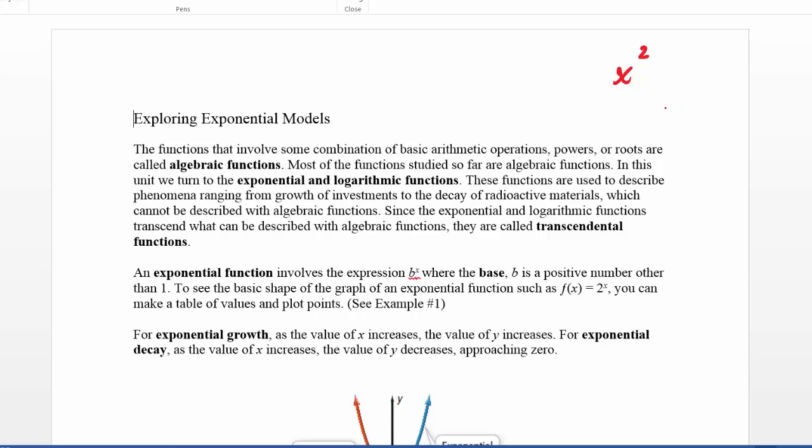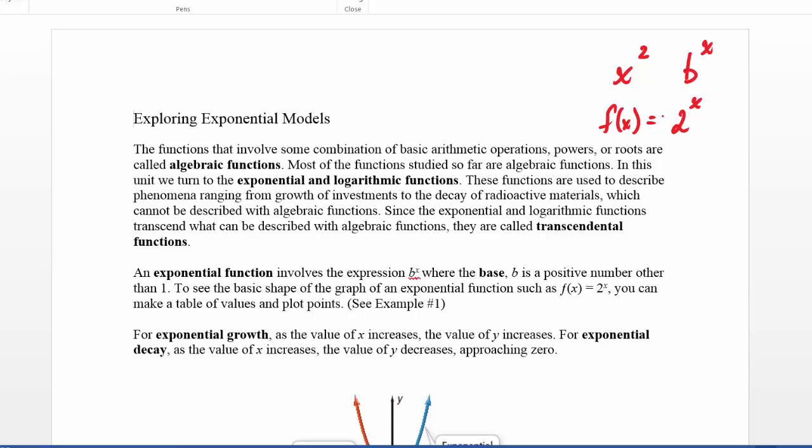Well, an exponential function is a little bit different. An exponential function has a numerical base with a variable exponent. So the b represents the base of the exponential function. So we could have something like 2 to the x power. So this, if we wrote this in function form, would be an exponential function.